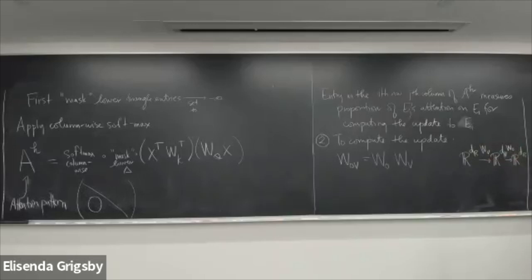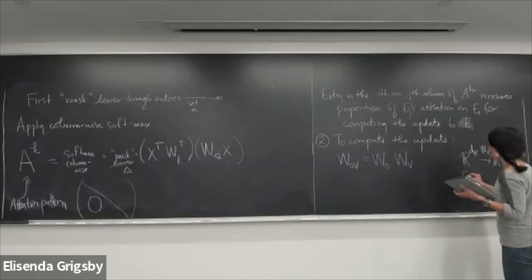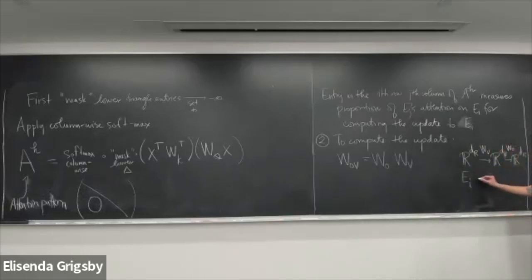And so now if you have a token EI, then it will get sent to WO, WV, EI. So this is the update associated to token I. Still linear maps?